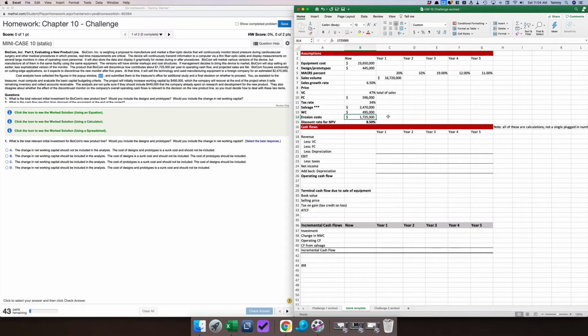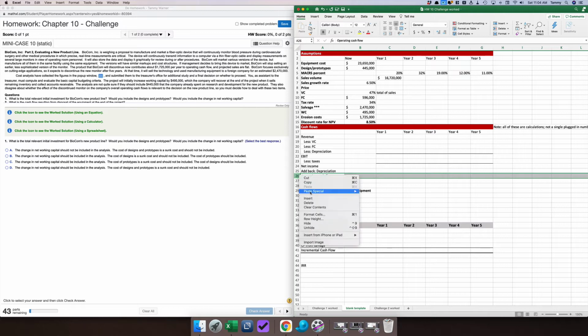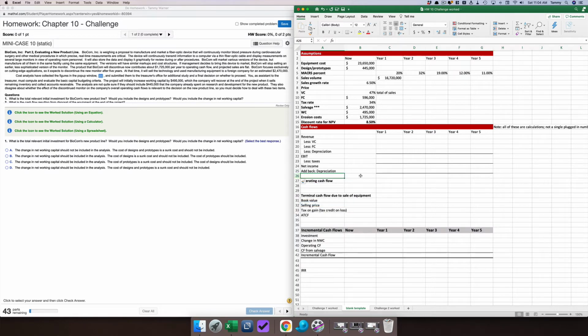So what you should do is add another line down here in your operating cash flow calculations, and you could title it "less erosion cost." Before we can actually give the operating cash flow, we need to consider the fact that we're losing some money as well, right? So now we're ready to go ahead with our calculations in our model.